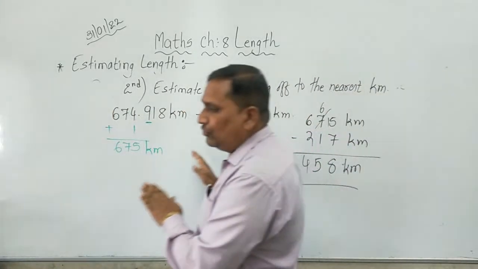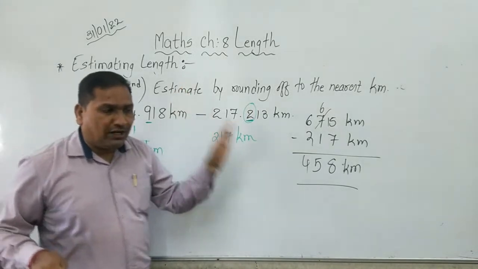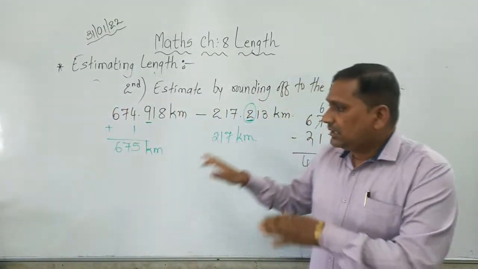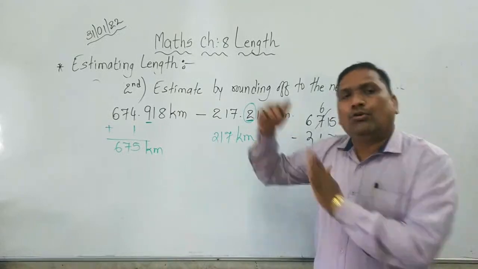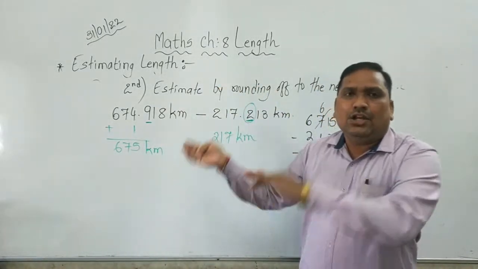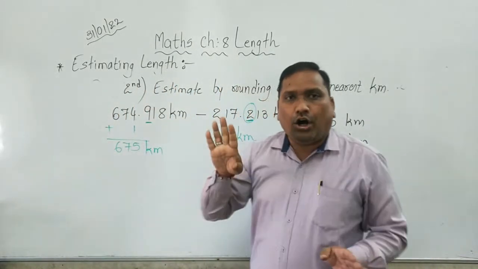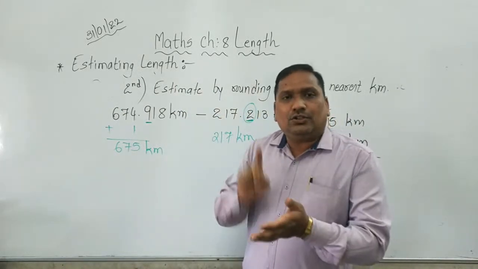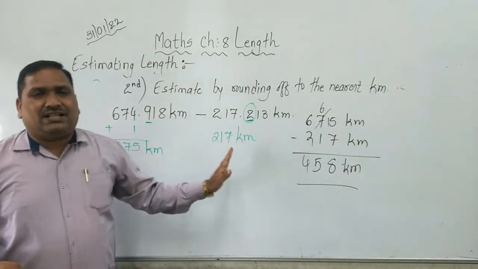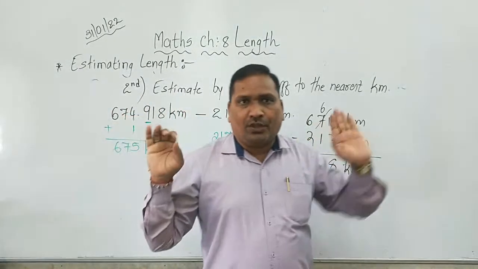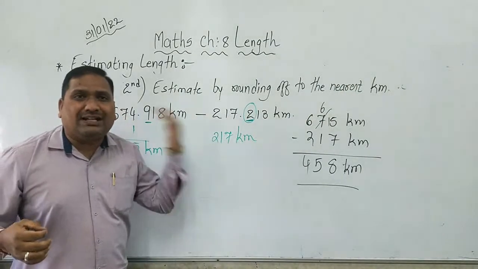Students, are you able to do the sums? The same thing we have already done. If the digit after decimal is 5 or more than 5, then we have to add 1 to the value before decimal. Otherwise we do not add; we consider only the value which has been given before decimal.